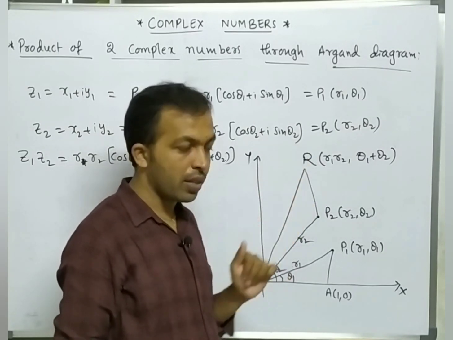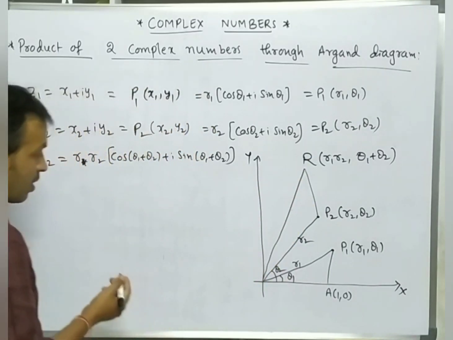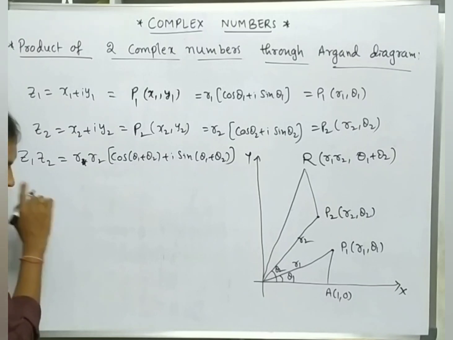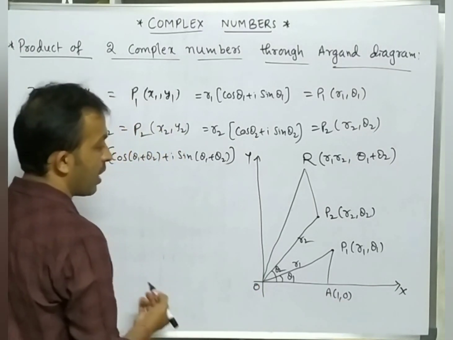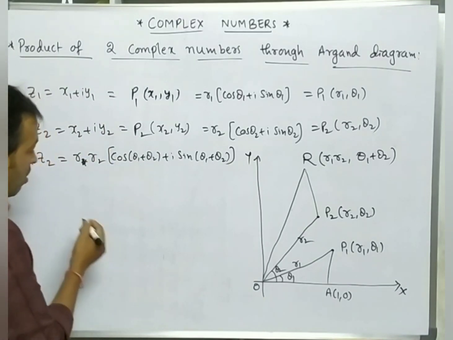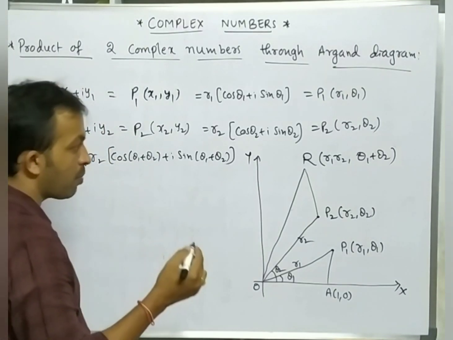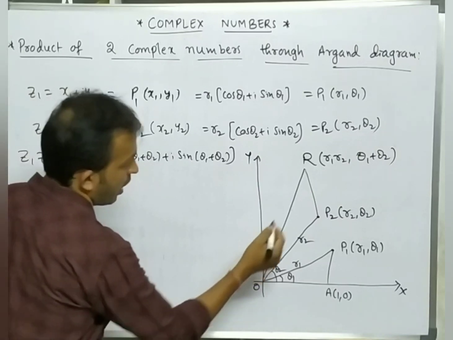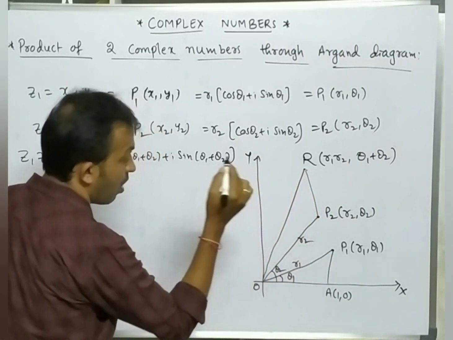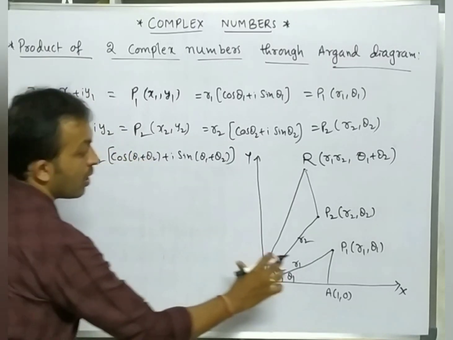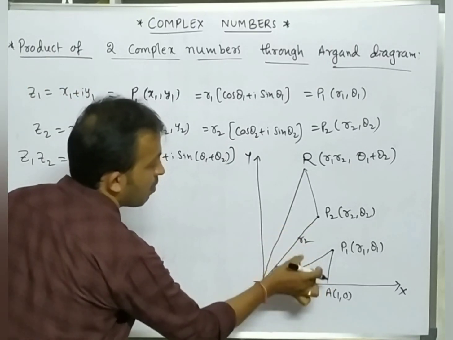How can we represent this? Listen carefully, this is O, right? I am taking the point (1, 0) on the x-axis, A, and I am constructing the triangle O R P2. Here I am taking a point R such that these two triangles are similar.